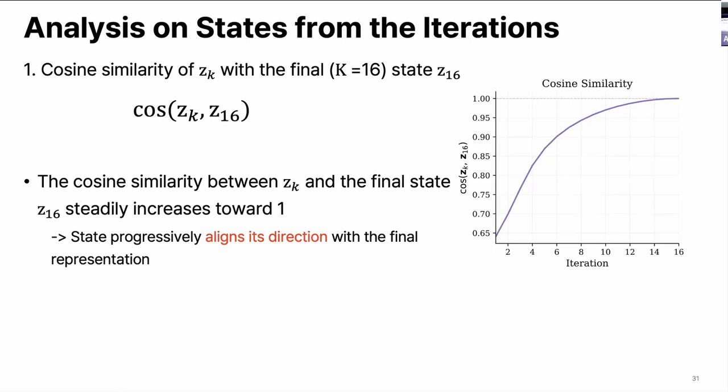The similarity steadily increased toward 1, and this means the state direction becomes more and more aligned with the final representation. So the model is not just changing randomly across iterations, it's moving toward a stable final direction.